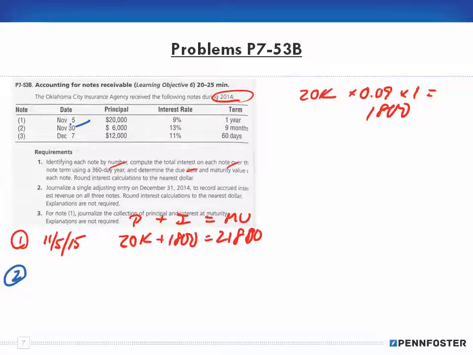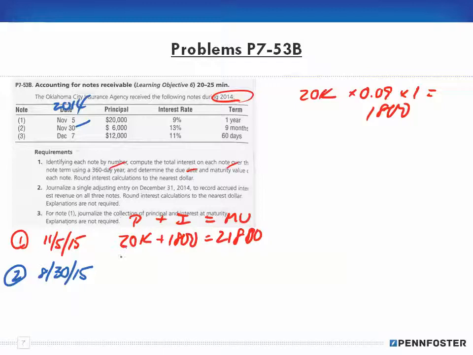January, February, March, April, May, June, July, August. That's 9 months, so the due date would be August 30th, 2015, because remember, these dates are 2014.